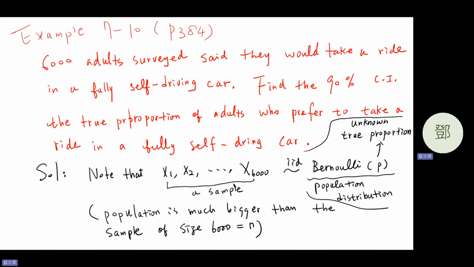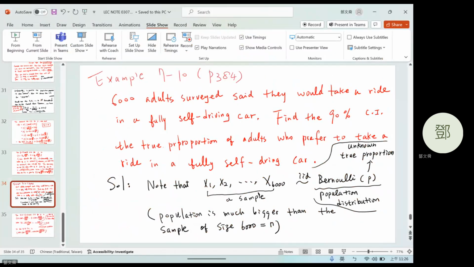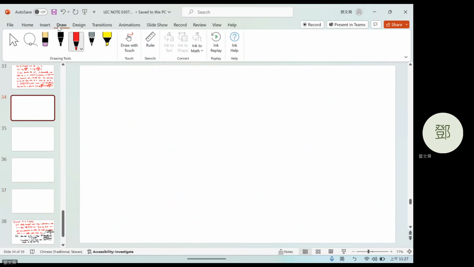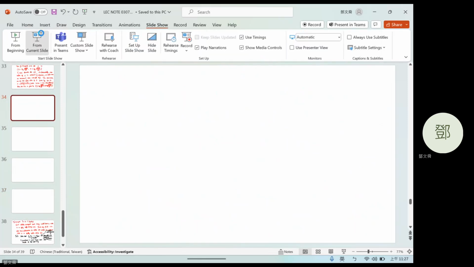This is 7-10, and let's go back to example 7-6. City gas mileage.